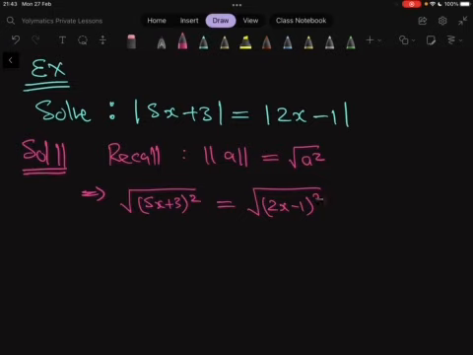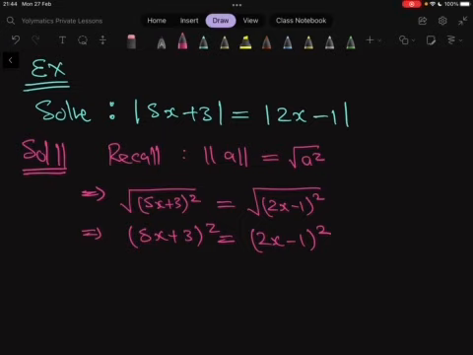Every time in maths when we have the square root on both sides, we can remove it by squaring on both sides. If I square on both sides, I remain with (5x plus 3) squared equal to (2x minus 1) squared.